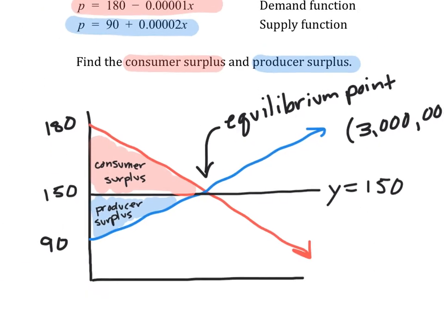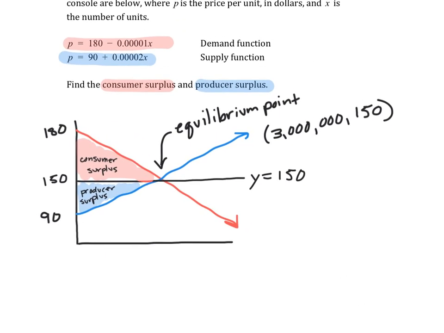So just in general, this is definitely more of an econ concept, but the idea here for producer surplus is there's all of these producers that are actually willing to produce the video game and sell it at a lower price, but they're actually selling it at this higher price of 150. So all of these people would have been willing to sell it lower, but they end up getting more money. So that's producer surplus.